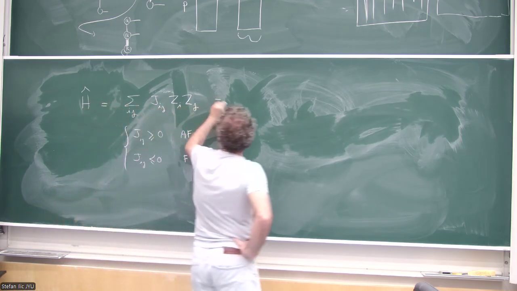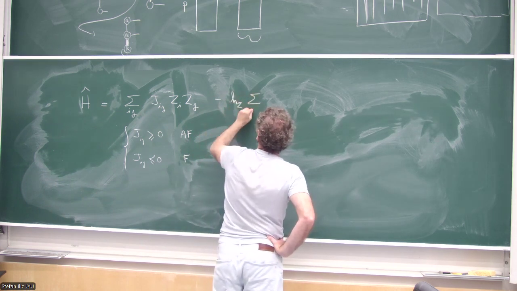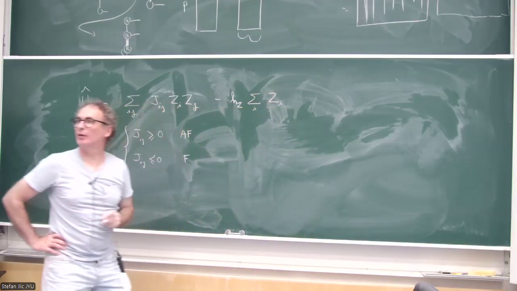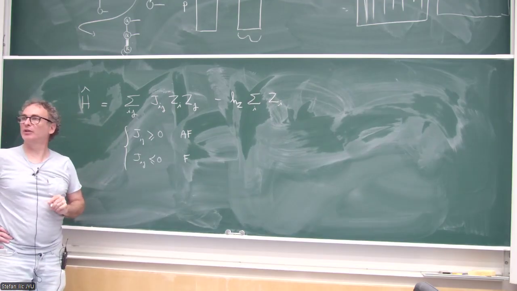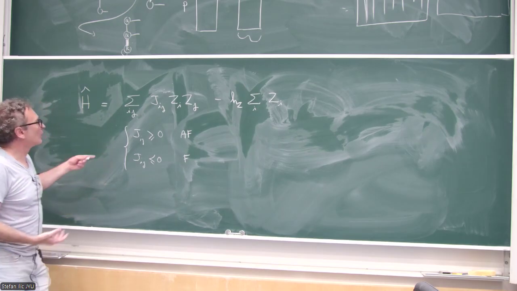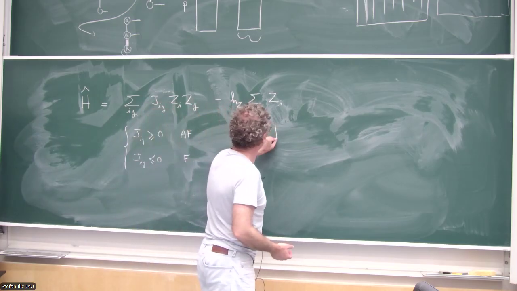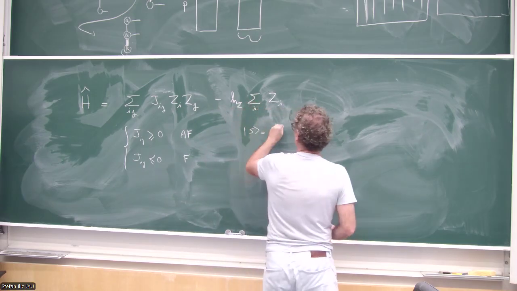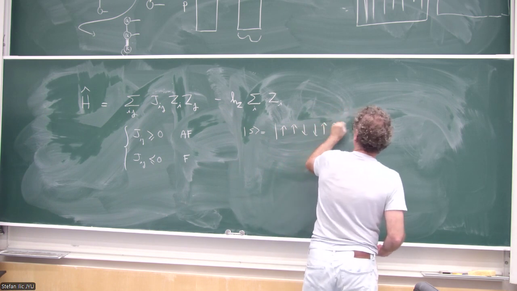I can add a Zeeman field. It doesn't depend on the site. So at this stage, it's a purely classical model, right? If I just take a configuration S, so a state S equal up, down, down, for instance, like this.